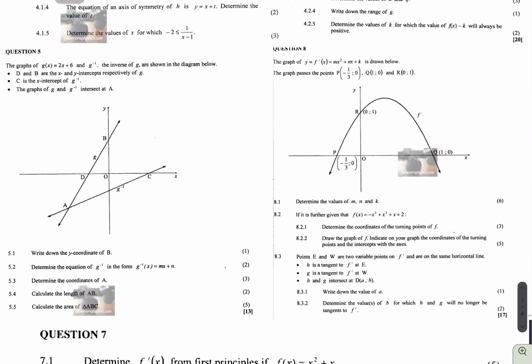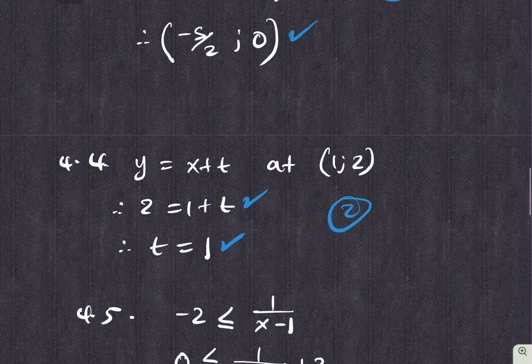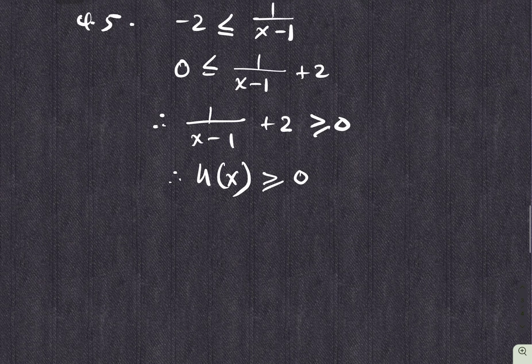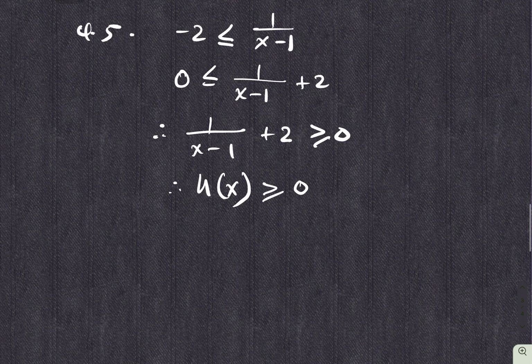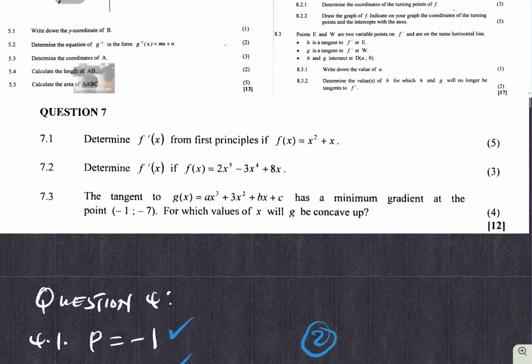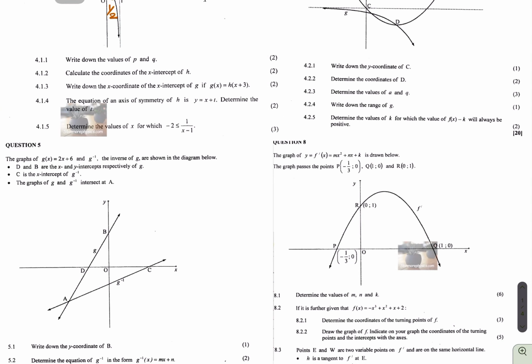So I will then say that the solution for this one is well interpreted to say that x is less than or equal to 1 over 2, or x is bigger than positive 1, like that. This is how you really attempt that question. How many marks is this one? They're giving it 3 marks.